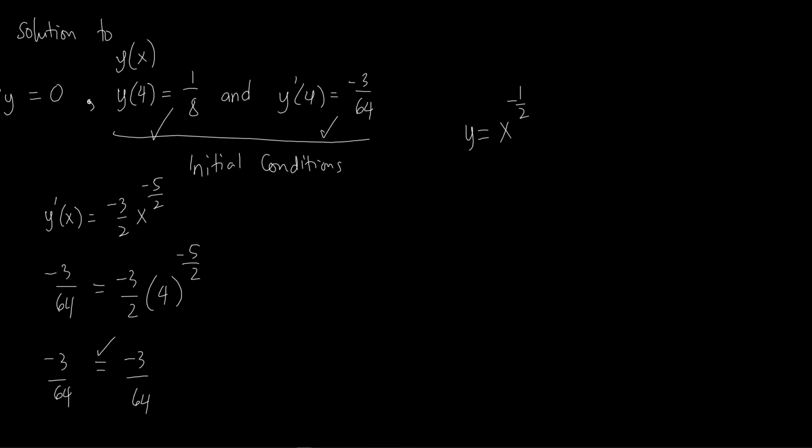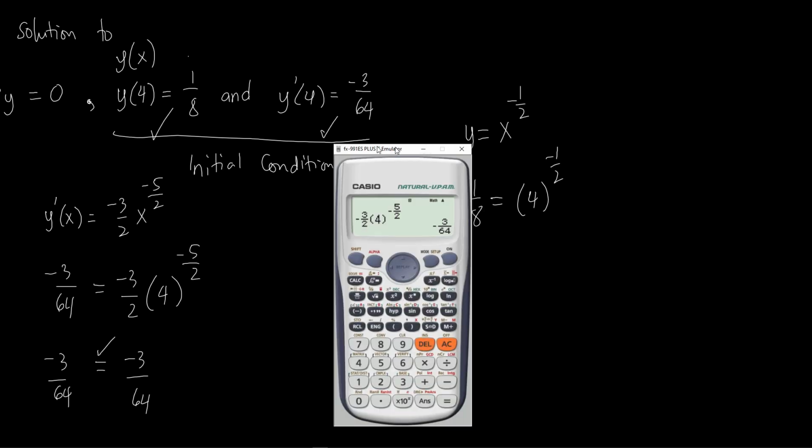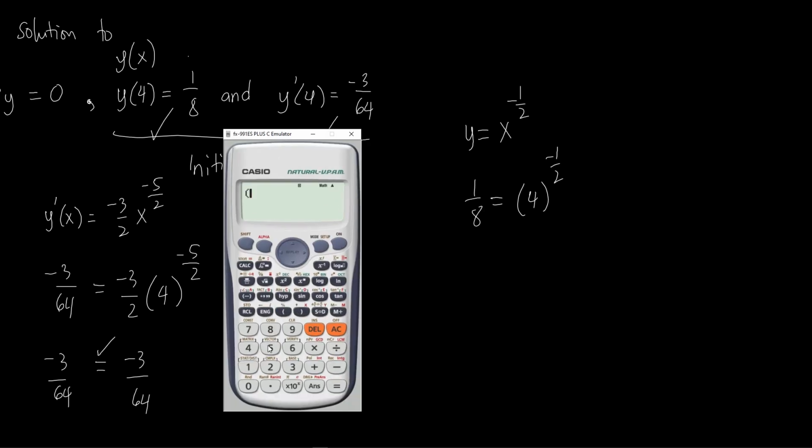Yung y natin, gamitin natin ito. So, we have 1/8 is equal to 4 raised to the power of negative 1/2. Hindi siya equal, kasi 1/8 is not equal to 1/2.